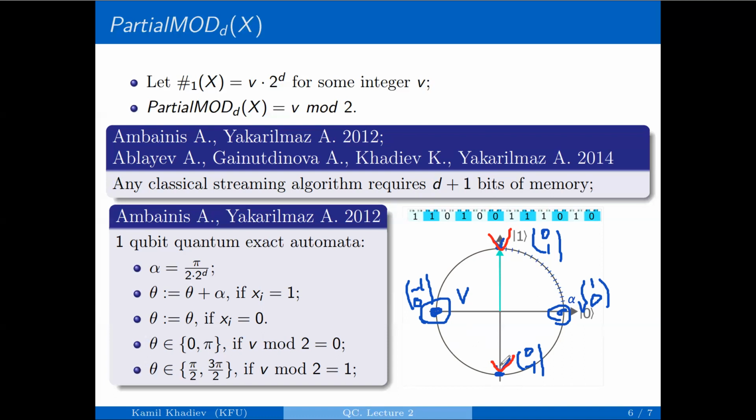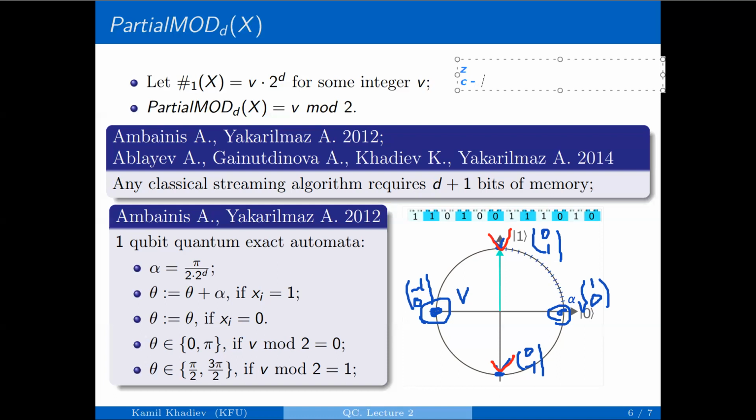So let me tell you another explanation once more, maybe it will be easier. For a classical algorithm, we can use two variables, z and c, where c is counting the number of ones.